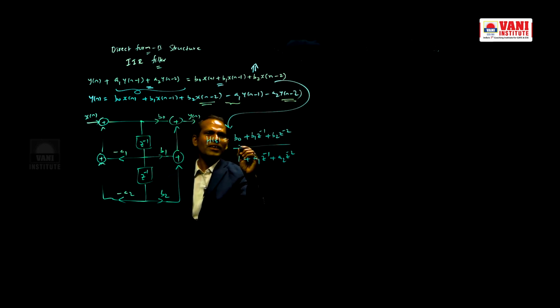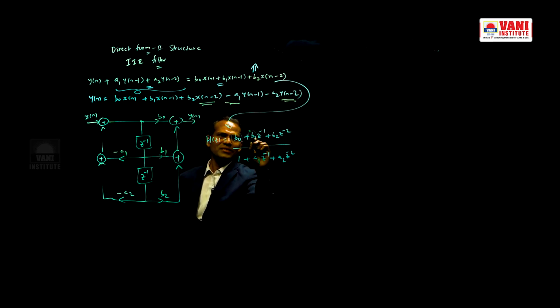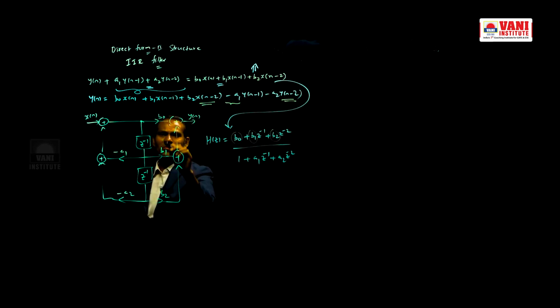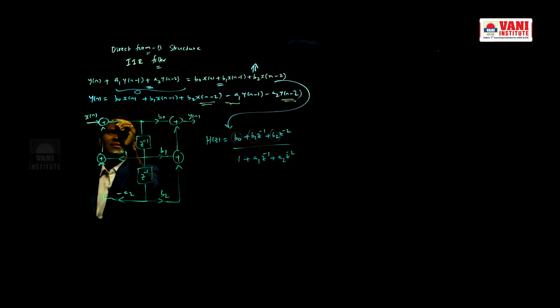If you observe carefully, here these numbers are coming as it is, b0, b1, b2, whereas here nothing is there, nothing means 1. Always the signal flow is like this, here always it is 1, we did not write any number means that value is 1.